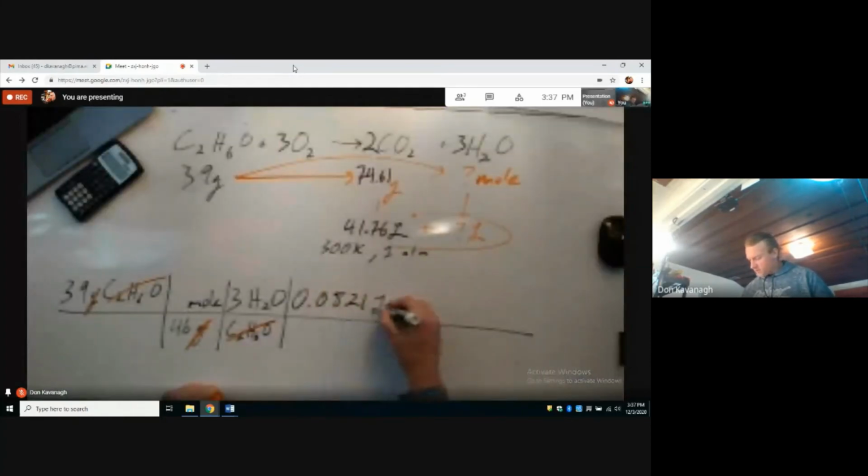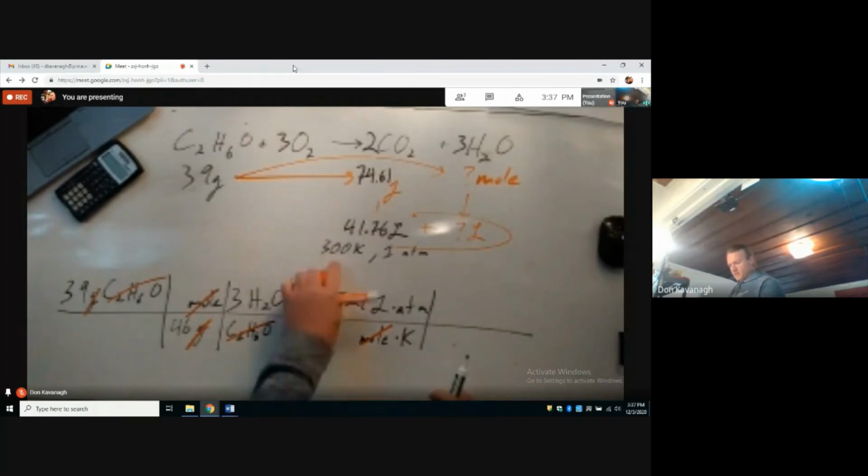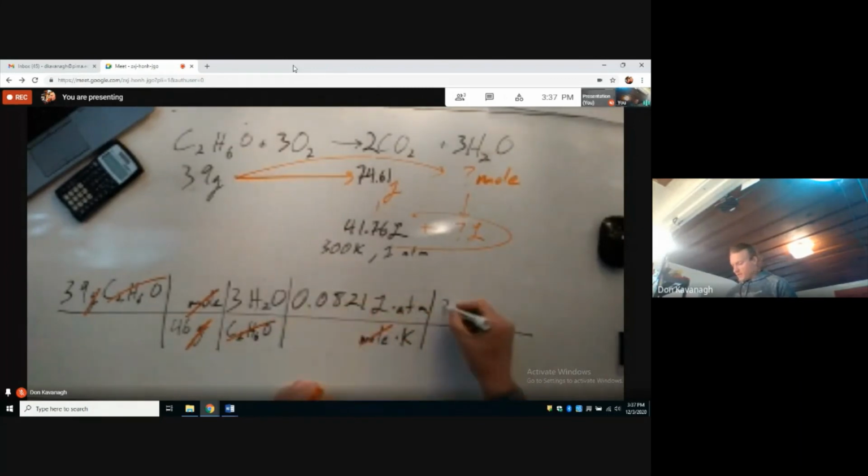0.0821. All right, so double whammy, moles cancels out and liters is still in the numerator. Now we need to cancel out ATM and Kelvin, and because we're talking about consistent circumstances, we still have 300 Kelvin and 1 ATM to play with.